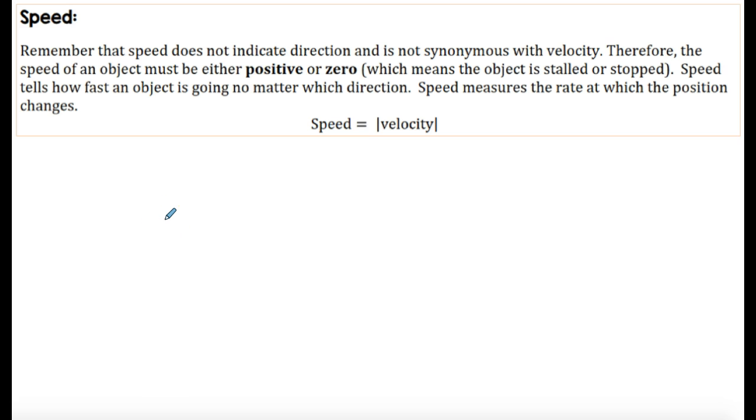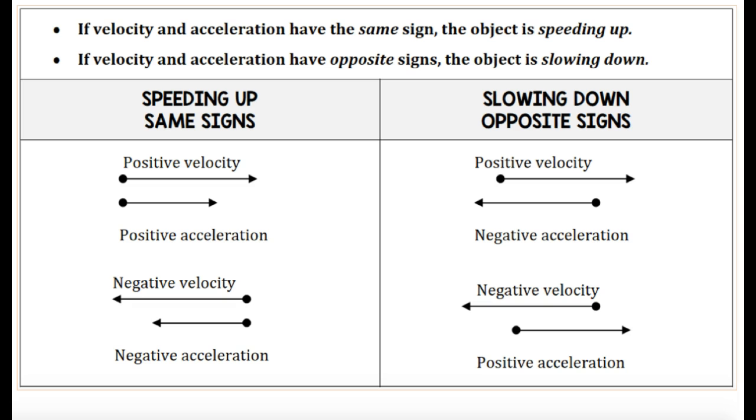But let's then take a look at this idea: speeding up and slowing down. Those are a couple of big ones. I can pretty much guarantee you on the AP test, at some point you'll be asked if an object is speeding up or slowing down. An object is speeding up if the velocity and acceleration are going in the same direction.